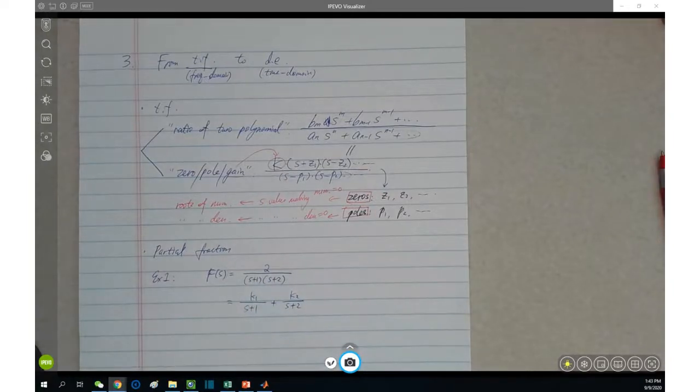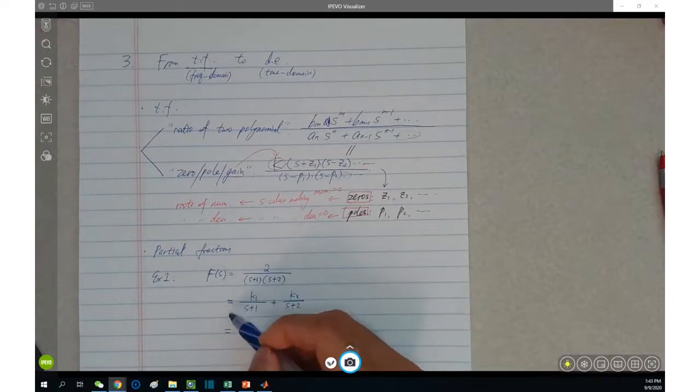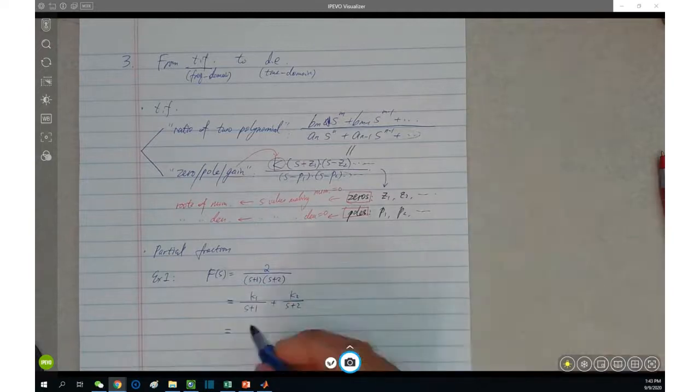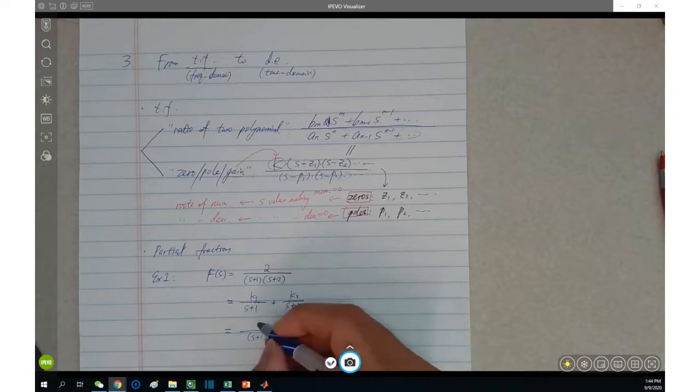And then the rest is just algebra. Always remember it remains equal. We are talking about the same thing. I conduct the summation between these two. The denominator is going to be s plus 1 times s plus 2.